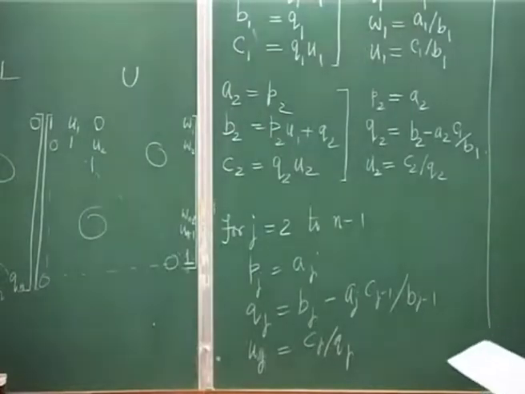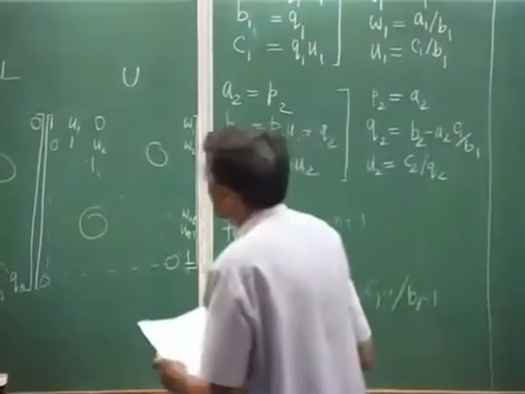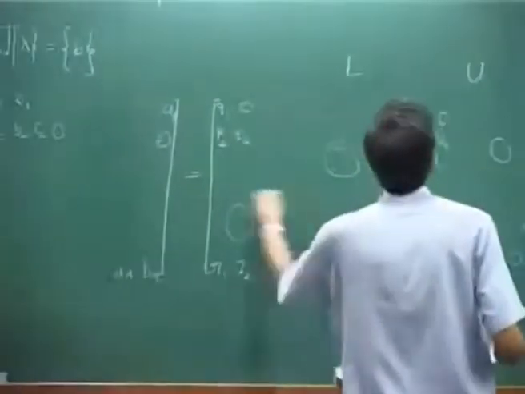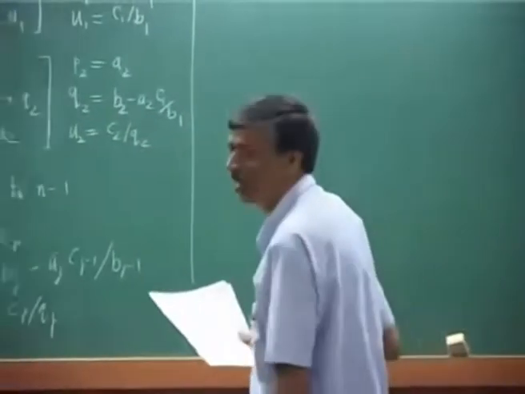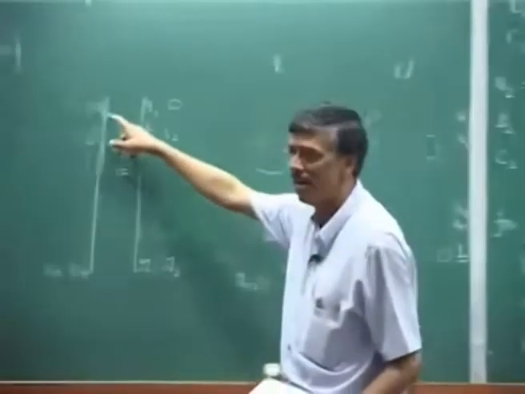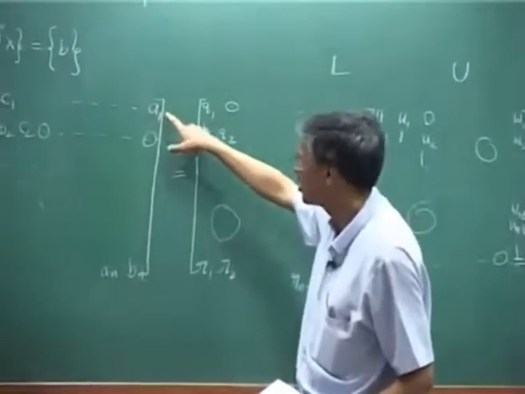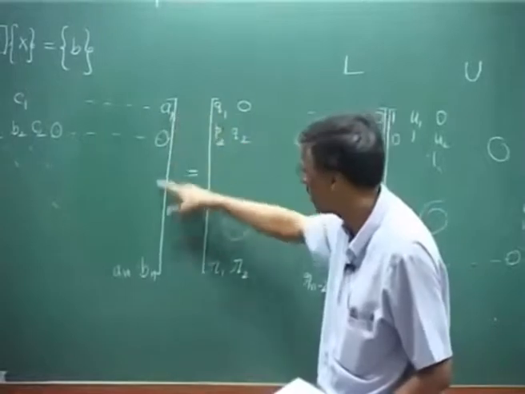Now, what we can see is that if I multiply these rows with this last column, that will give me the entries here, for which the first one is A 1, and the rest of them are 0.